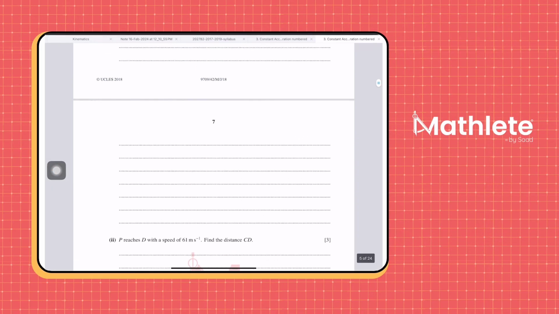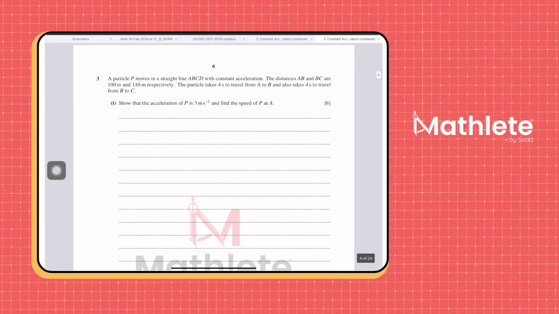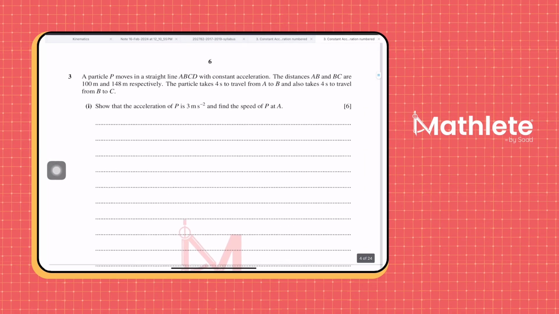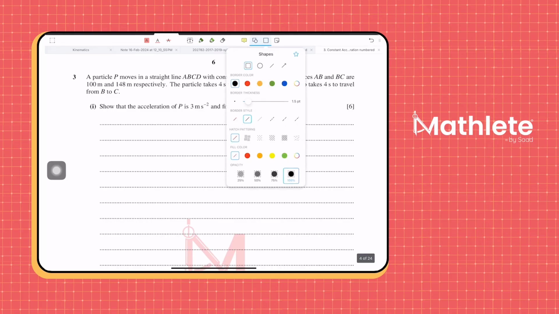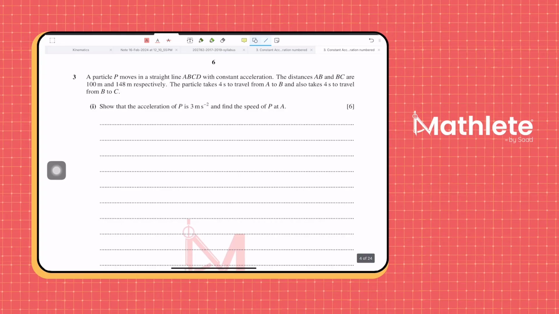Okay, so here's a question. It's a very lengthy question, but the good news is it's not that difficult. So let's try and solve this question together. And remember, do not shy away from making a sketch. It's very important. If you make a sketch, you have a clear understanding of what's happening in the question, and that way you're more likely to get the correct answer.